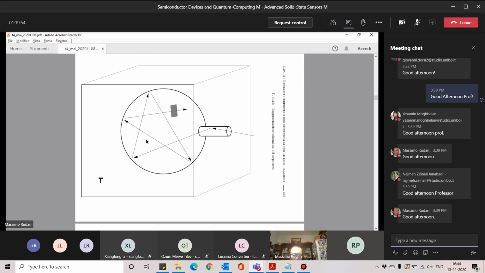And of course the walls, the spherical wall of the cavity radiates. It is able to emit electromagnetic radiation into vacuum and also to absorb electromagnetic radiation from vacuum. So you have, don't consider for the moment this hole on the right, okay?